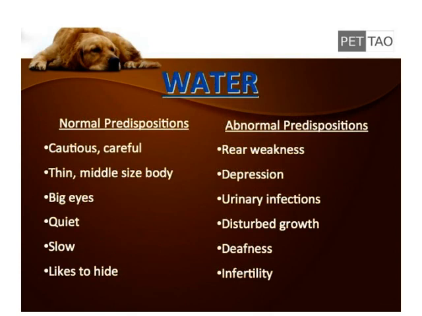The next type of constitution is the water constitution. And actually in my practice, these by far make up the majority of the dogs that I see. And typically they're marked by being timid or fearful. They're cautious. They're the kind of dogs that'll hide under the chair or the exam table in the veterinarian's office.